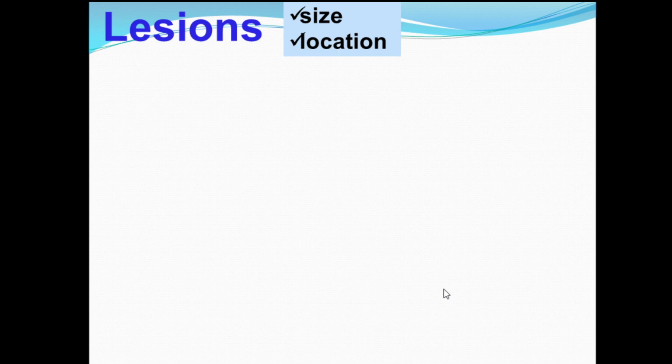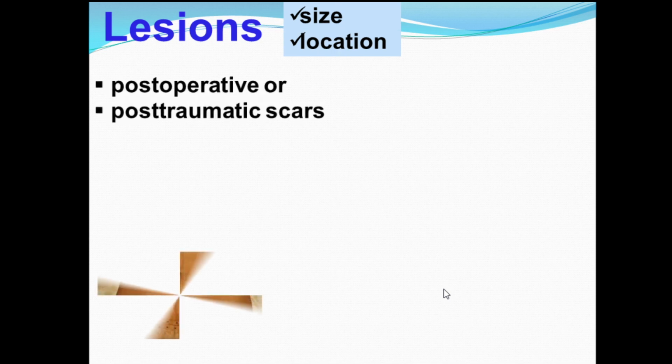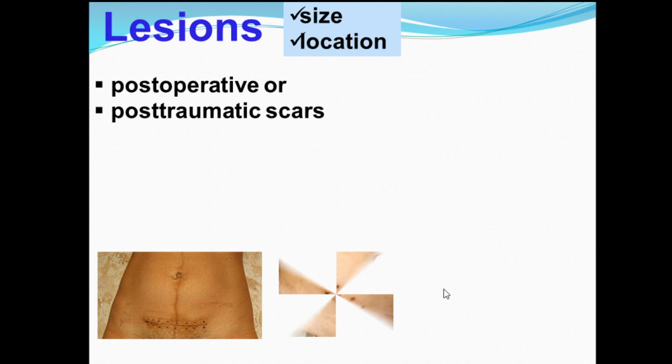Lesions of the skin may be a result of post-operative or post-traumatic affection, and depending on location and size of the scar, we can improve our knowledge about preceding operation. For example, if we see a scar in the right ilioinguinal region, we'll ask the patient about appendectomy because it's the more characteristic location of this pathology.